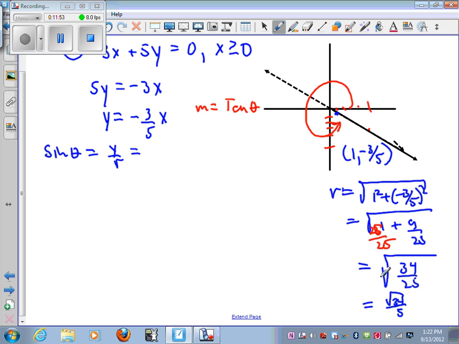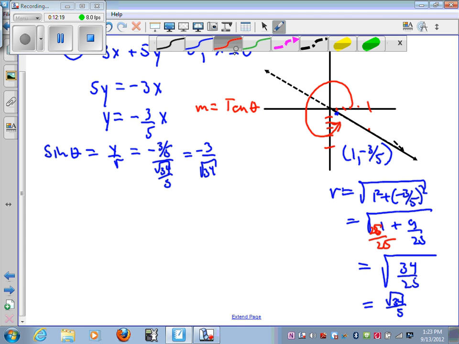I think that's just what it's going to have to be. So what we do is we go y to the -3/5, and r is the square root of 34 over 5. We invert this thing and multiply, the 5's go out, and this is a -3 over square root of 34.